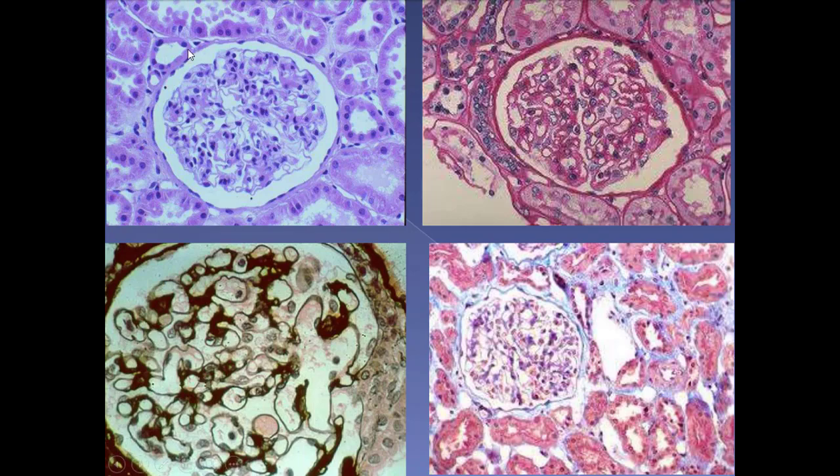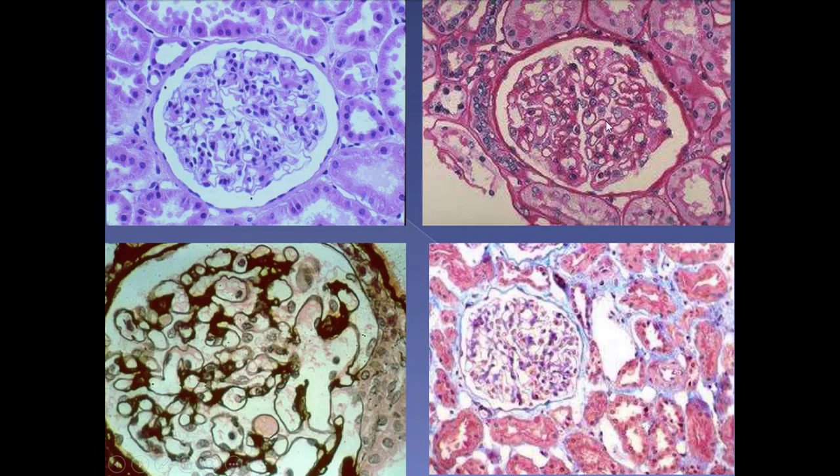And those are the examples. Here we don't see anything except cells and nuclei, and this is the hematoxylin and eosin. Here the basement membrane is very well defined. This is the Bowman's capsule, this is the glomerular capillary basement membrane, and this is the tubular basement membrane. All the membranes are evident.